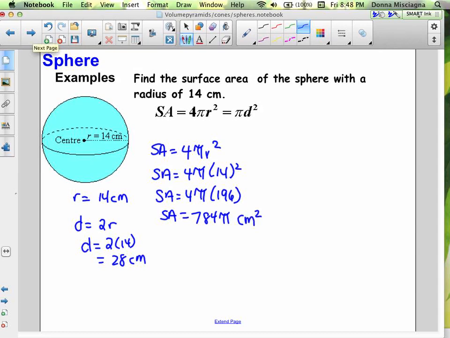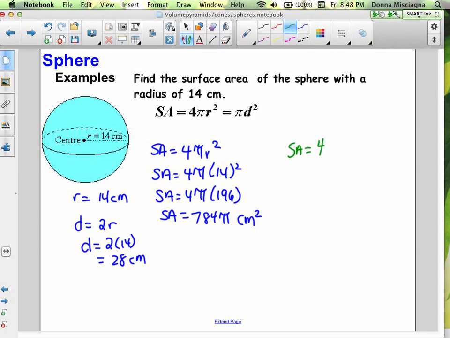Okay? Let's do the same thing, but let's use the other formula. And I'm just grabbing a calculator, because I don't know 28 squared off the top of my head. I know 14, but not 28.